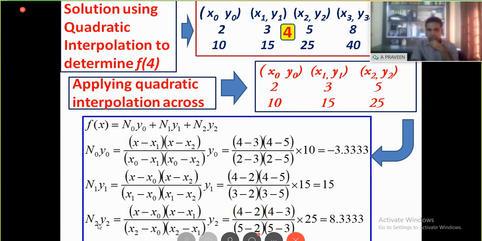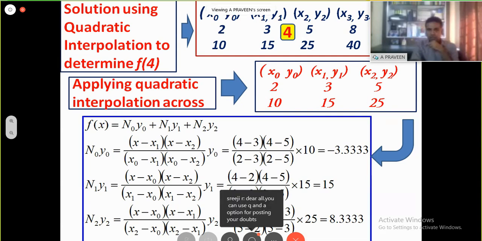Okay. Now come to the third polynomial, n2 y2. x minus x0 into x minus x1. The x minus x2 term is not there. The denominator you have for x2 is x2 minus x0 and x2 minus x1. When you substitute for x and x0, you get 4 minus 2, where 4 is x, 2 is x0.